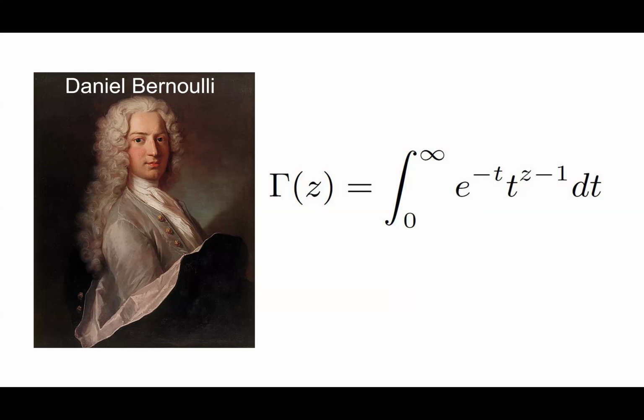He is very, very famous for fluid mechanics, and he developed the so-called Bernoulli's principle, which is the mass foundation for designing airplane wings. Okay, and on the left we have the gamma function, which was first derived by Daniel Bernoulli.